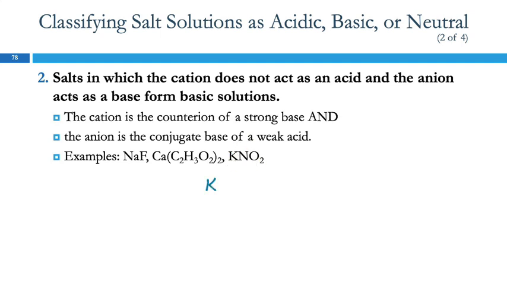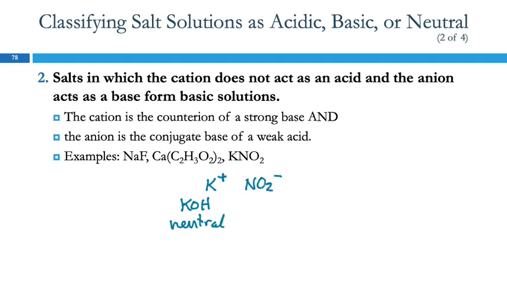We've got K plus, and we have NO2 minus. Well, can we write a conjugate base for K plus? Or a conjugate acid for it? No, it doesn't make any sense. Is it the counterion of a strong base? Yeah. KOH is a strong base. So that one's going to be neutral.